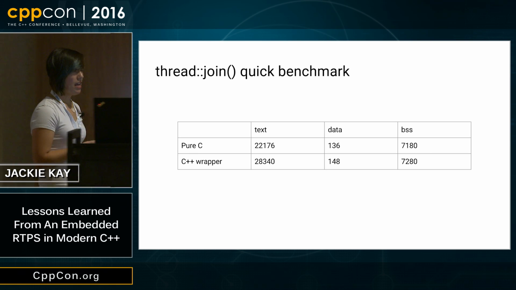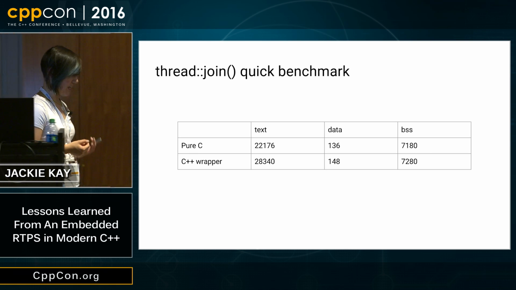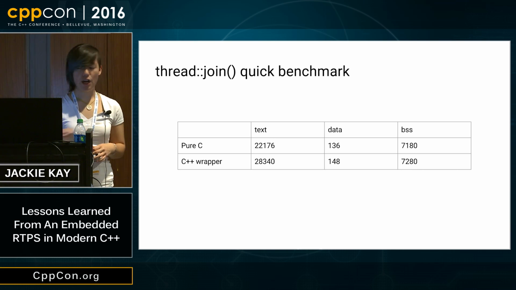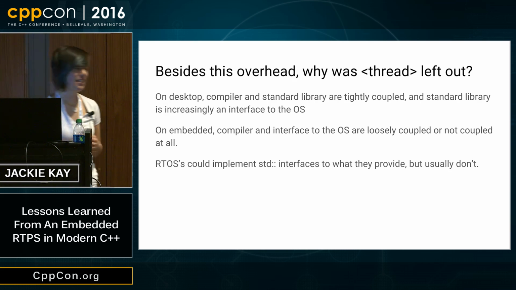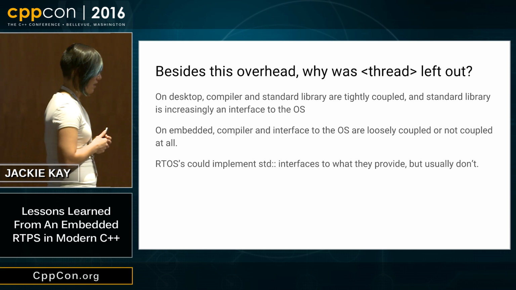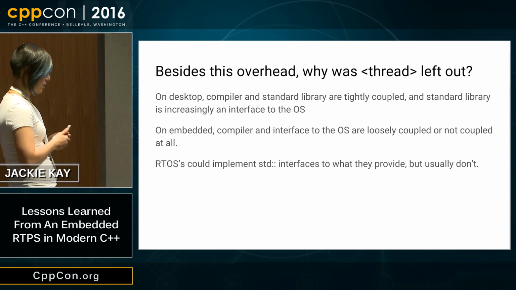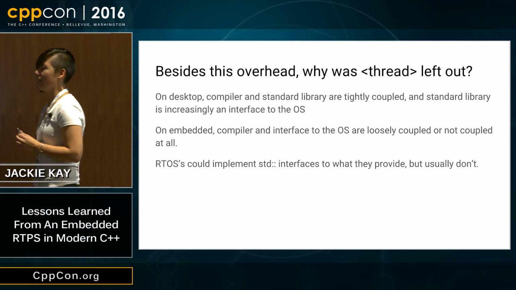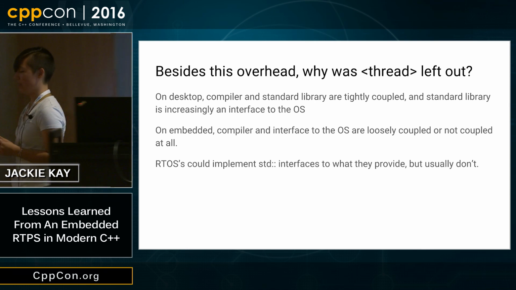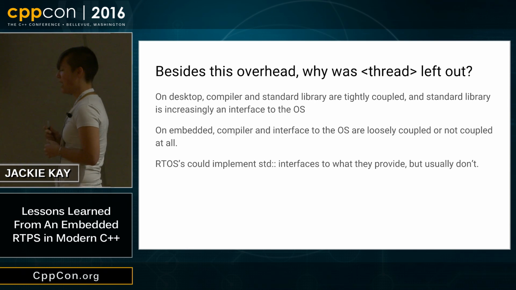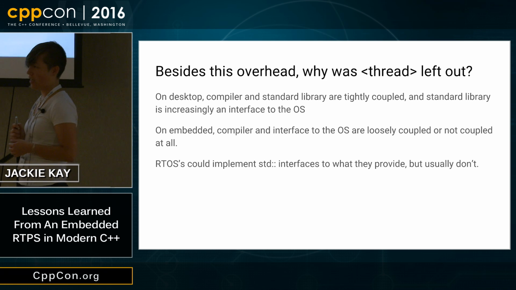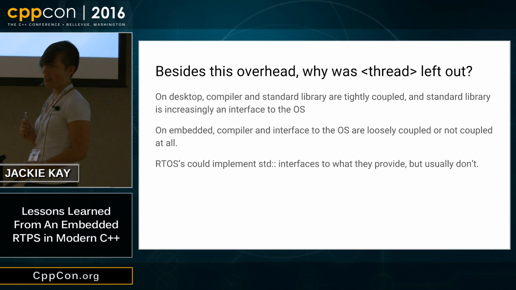The point I'm trying to make here is that join is not hard to implement, but I can still see why the thread abstraction was left out. Obviously because the compiler implementing libc++ doesn't want to impose a threading paradigm or an RTOS library on the users who don't want an OS.